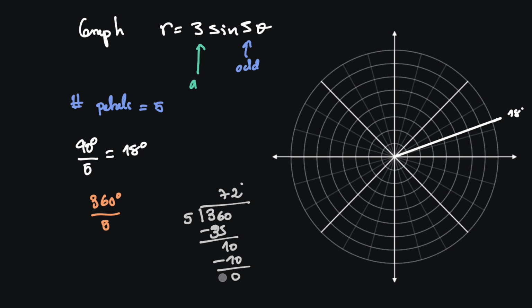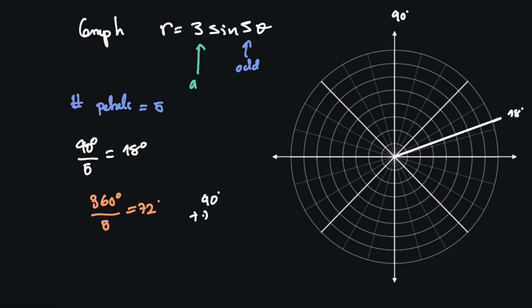They're going to be spaced out by 72 degrees. So this is 72 degrees, right? If you add 72 degrees to 18 degrees, you're going to get 90 degrees. So our next leaves is going to be at 90 degrees, okay? So if we add to 90 degrees, we add 72 degrees, we're going to get 162 degrees.